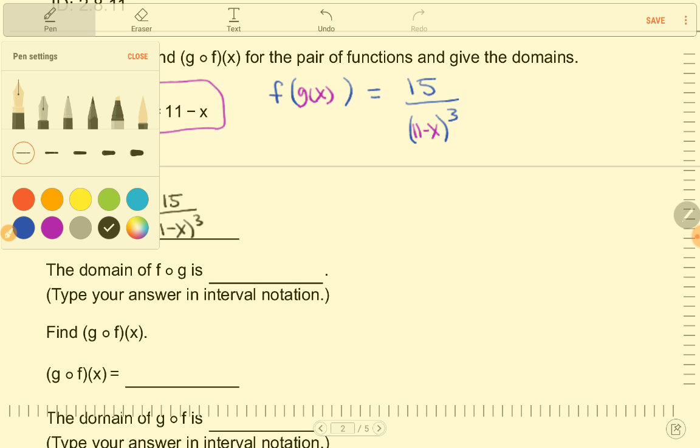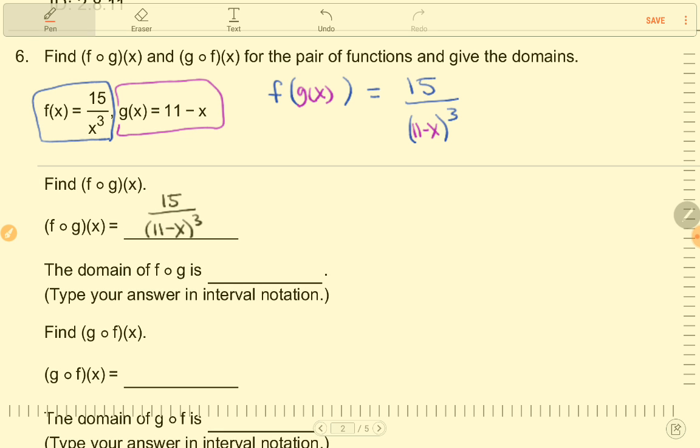And I've urged you to always be in the habit of considering, when you have a rational expression with an x value in the bottom, which x values would make the denominator 0 and then therefore make the entire function undefined. So right away I notice that x cannot be 11, because if it is, I'm going to have an undefined result. That's going to help us with the next step, which is to find the domain of the composite function f of g.